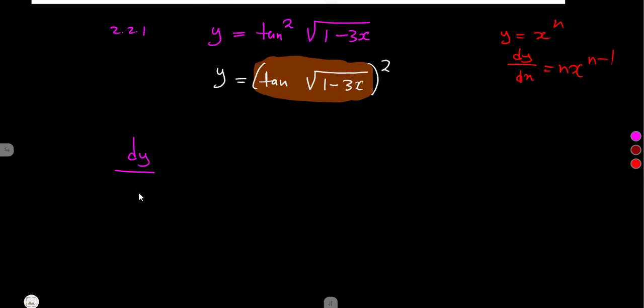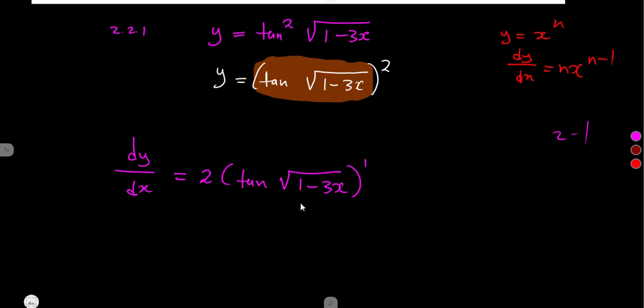So it was going to be like this. The derivative of y with respect to x is equal to, we drop our power, then we subtract 1. So it was going to be 2. This one, just read it as it is, as if it's not there, guys. Rewrite as it is. So it's tan of the square root of 1 minus 3x to the exponent of what? 2 minus 1, which gives us 1.